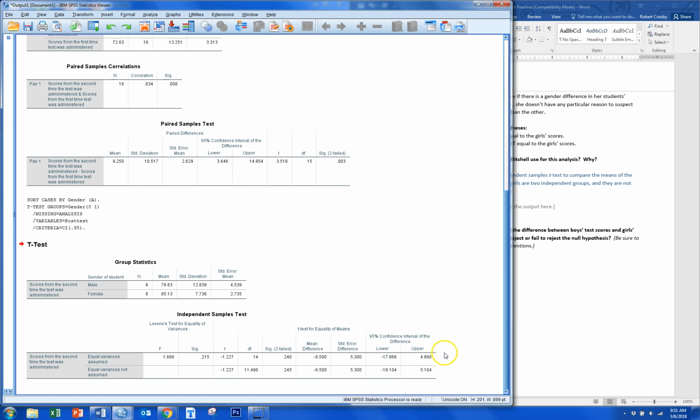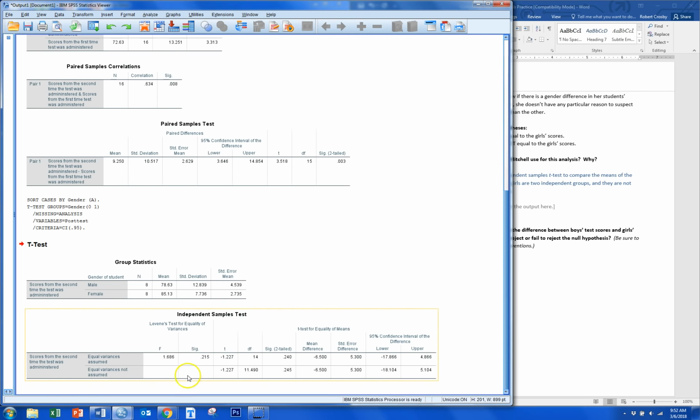Now this table is a little more complicated than the other tables because it includes an extra statistical test. Levene's test for equality of variances. One of the assumptions of an independent samples t-test is that the variances of the two different groups are statistically equal. If they're not, there's a small correction that you would do when you calculate your p-value for the actual t-test.